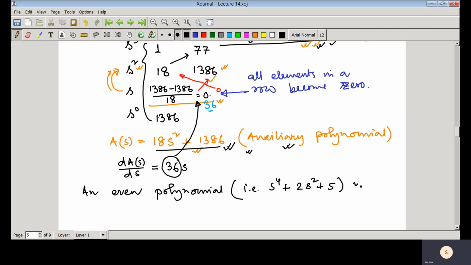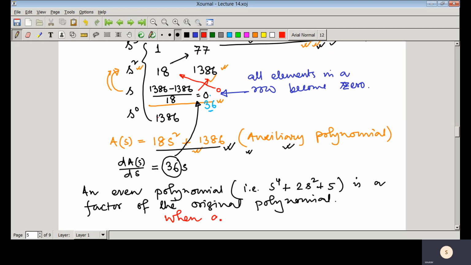So this is an even polynomial. An even polynomial is a factor of the original polynomial when a row of a Routh table is completely 0.